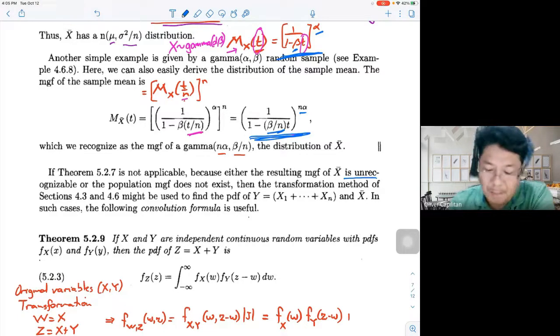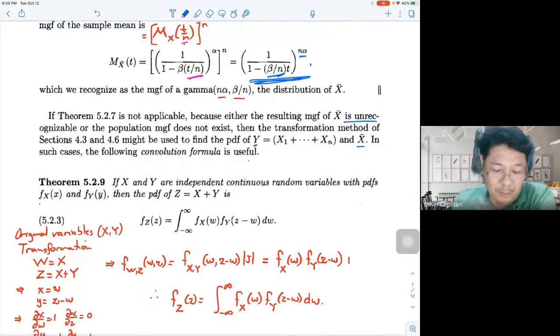So we're going to find the PDF of this statistic, which is the finite summation of the random variables, to find the PDF, at the same time, the PDF of our sample mean x bar. So in such case, we have what we call the convolution formula.